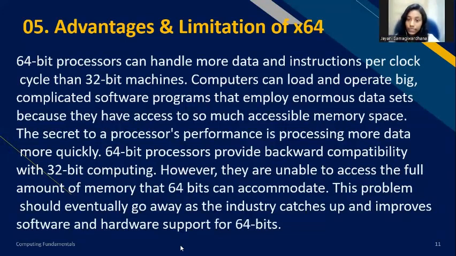Due to early 64-bit operating systems and hardware limitations, the practical memory limit for 64-bit CPUs when they were originally released was approximately 8 terabytes. Today, OS and associated hardware have improved.